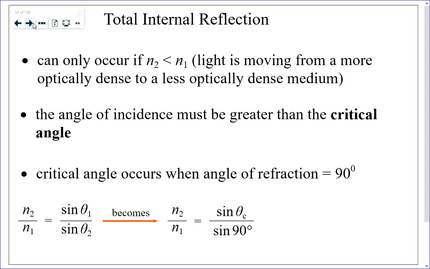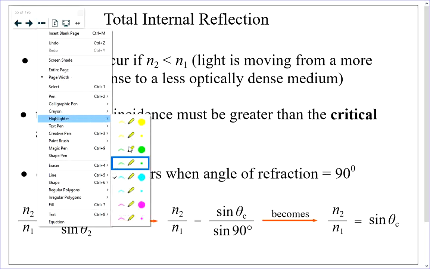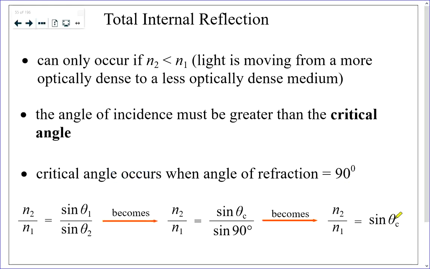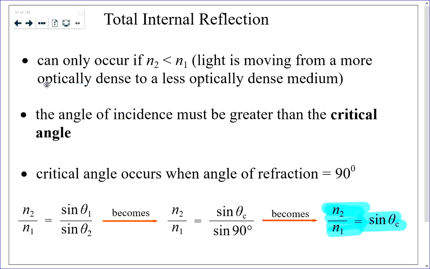The sine of 90 degrees is 1. So this becomes n2 over n1 is sine of the critical angle. This formula at the bottom of the screen is not on your formula sheet. It's simply a derivation or an application of Snell's law, and you need to know how to determine it so you can solve problems with total internal reflection.